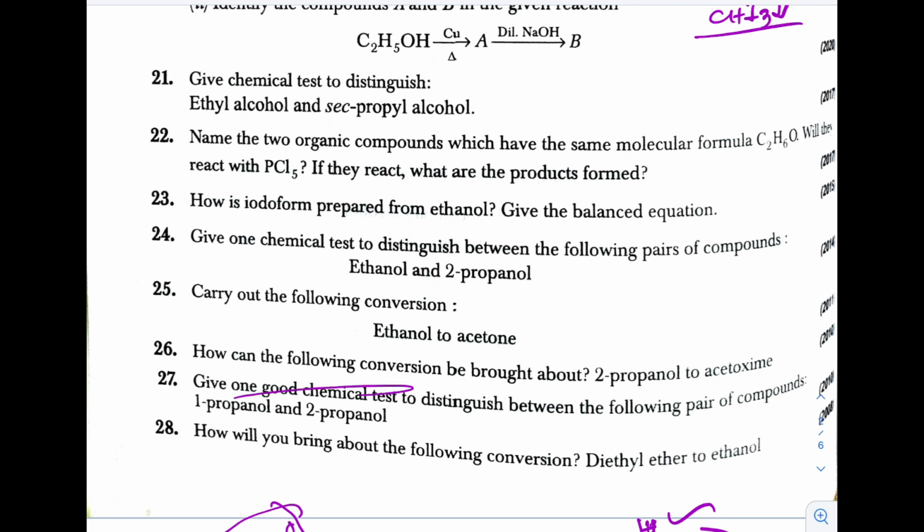Next, give one good chemical test to distinguish between the following pair of compounds, 1-propanol and 2-propanol. You can distinguish it easily by performing the iodoform test. 2-propanol will respond to the iodoform test, but 1-propanol will not. Next, how will you bring about the following conversion, diethyl ether to ethanol?